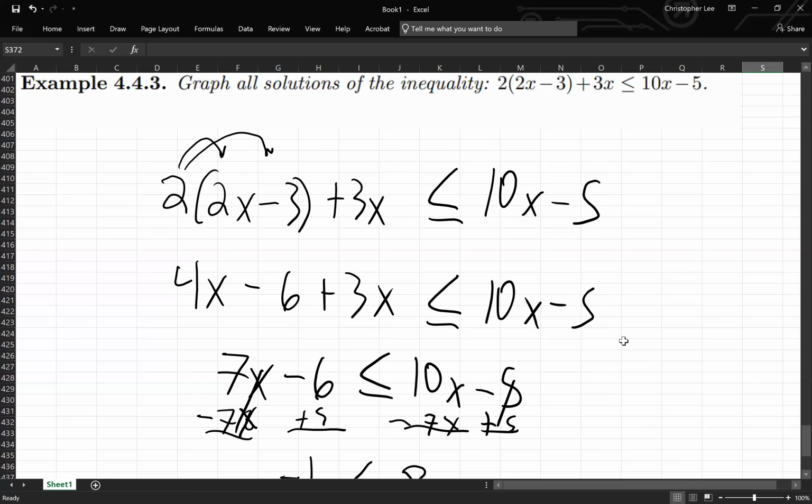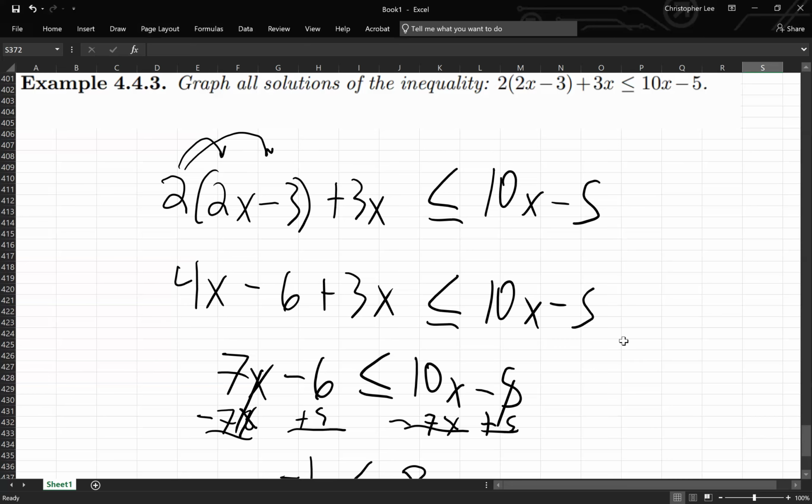Let me break that down. So because this number is up there, I do the opposite on the other side. 3 plus 5. 5, yeah. I know my fives are jacked up.